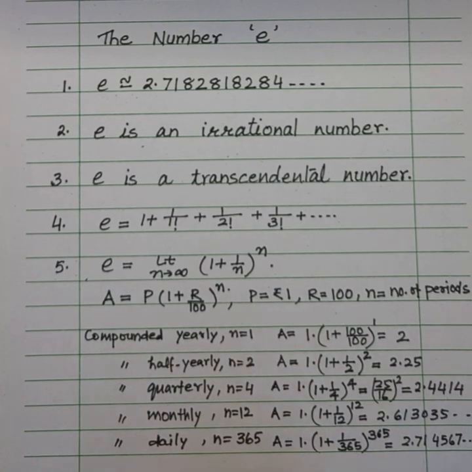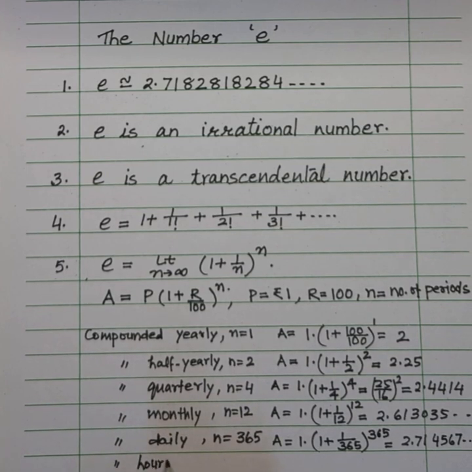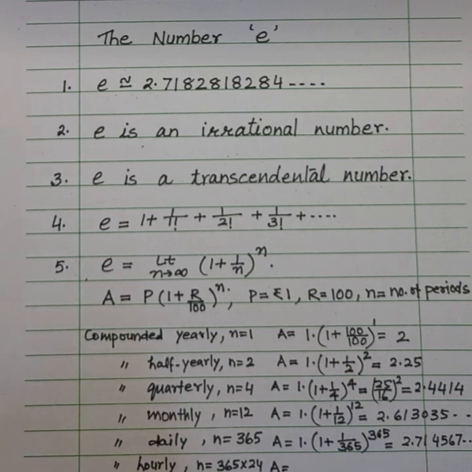So it comes out 2.71457 and so on. Now if I compound it on an hourly basis, then n is equal to 365 times 24, and this is equal to 8760.